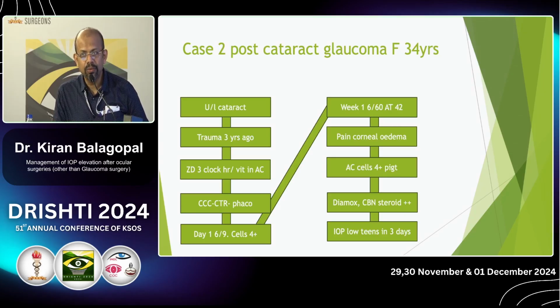It was centered on the pupil, so one edge of the CCC was closer to the equator, and through that the edge of the haptic had come out and it was rubbing on the posterior surface of the iris, causing a pigment dispersion. So this was a case of secondary pigment dispersion glaucoma, and it needed a repositioning of the lens. I redialed it, and then the patient was fine.